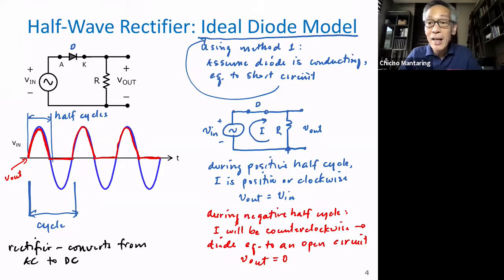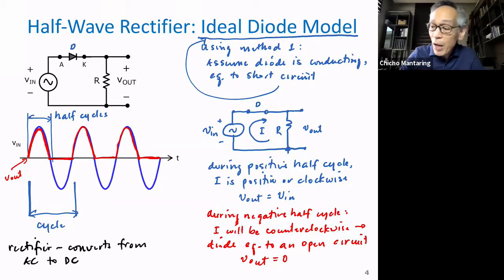Para maging AC siya, kailangan nagbabago yung polarity in a periodic manner. So again, this is DC. It is not a constant DC, but it is DC. And ang usapan natin, if I don't specify, if I say DC, then the understanding is constant DC. So this is a time-varying DC. So that is your half-wave rectifier.